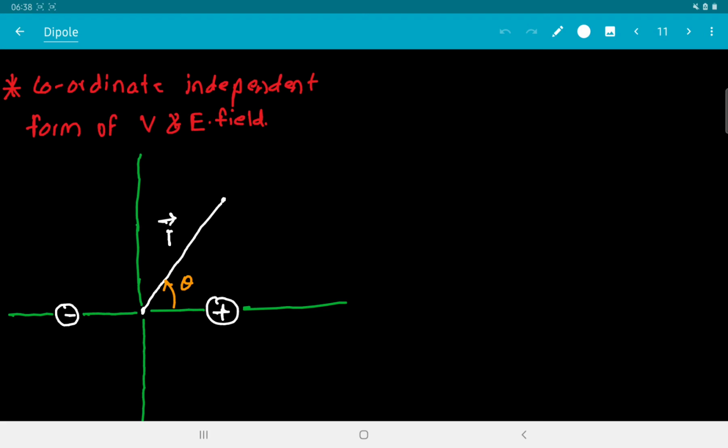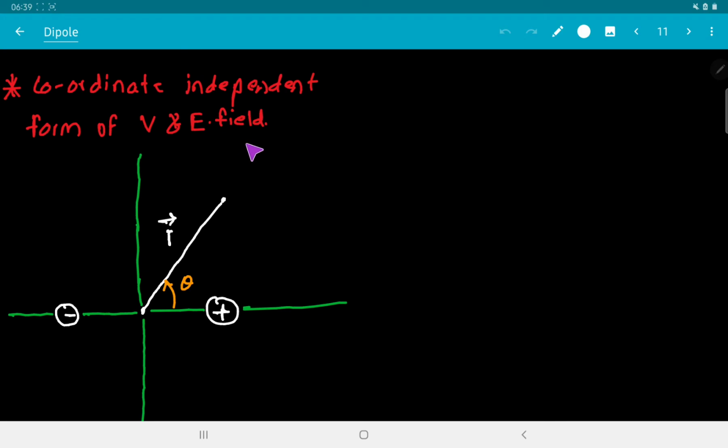Let us derive this electric field and potential in coordinate independent form. What do we mean by coordinate independent form? We have got the electric field in r cap and theta cap direction.